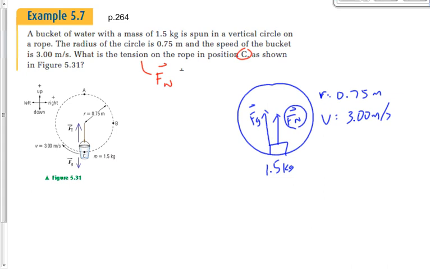Yes, it is. Good point. In what world is gravity ever pointing upwards? In the bizarro world, but this is not the bizarro world. Thank you, Lewis. Fg should be pointing downward.